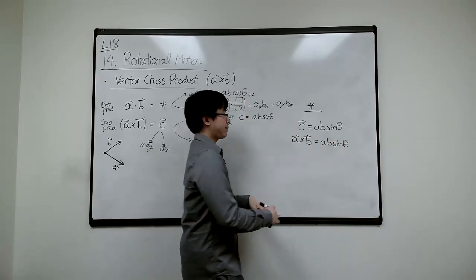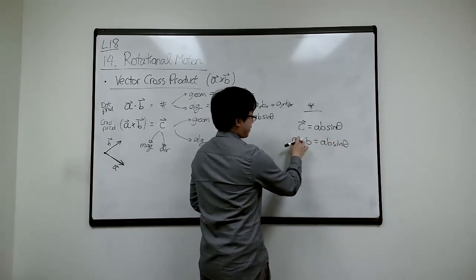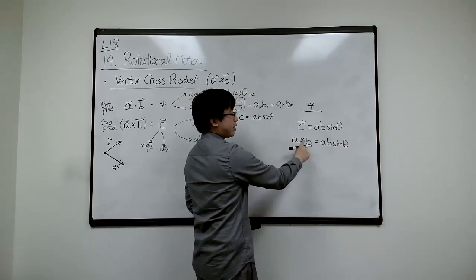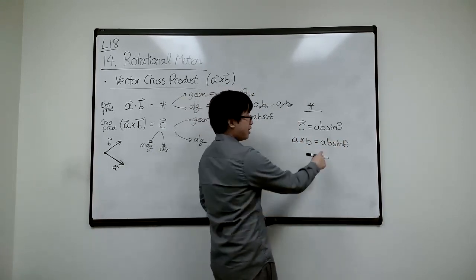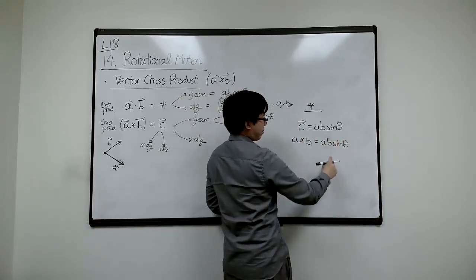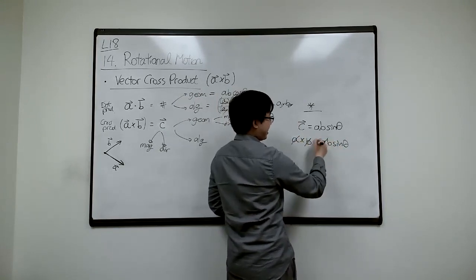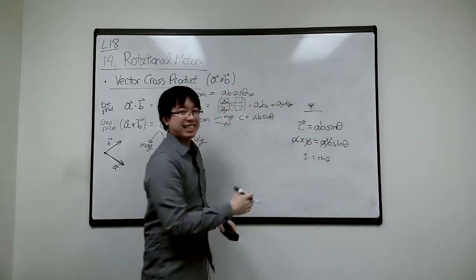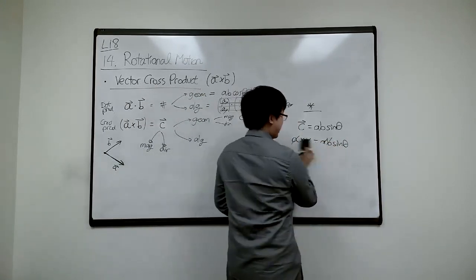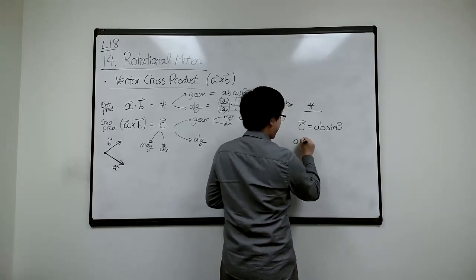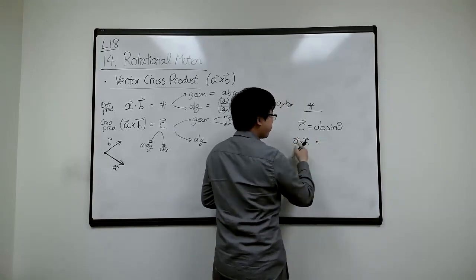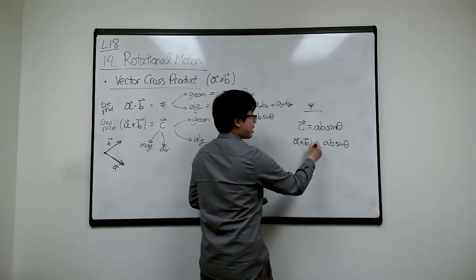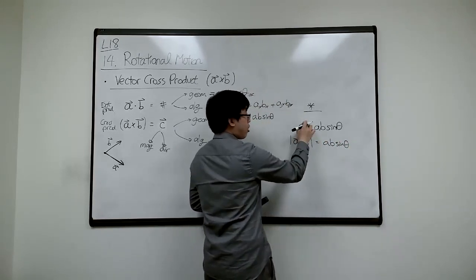If you insist on writing something like this, also don't write this, because that means the magnitude of A times the magnitude of B, and if these are scalars, this just means normal multiplication. And where would the sine theta come from? Because now you will cancel this, and then you'll have theta equals 90 degrees. That's not what's going on. You're talking about A cross B producing a new vector, for which the new vector's magnitude is that. So you either write it this way or write it this way.